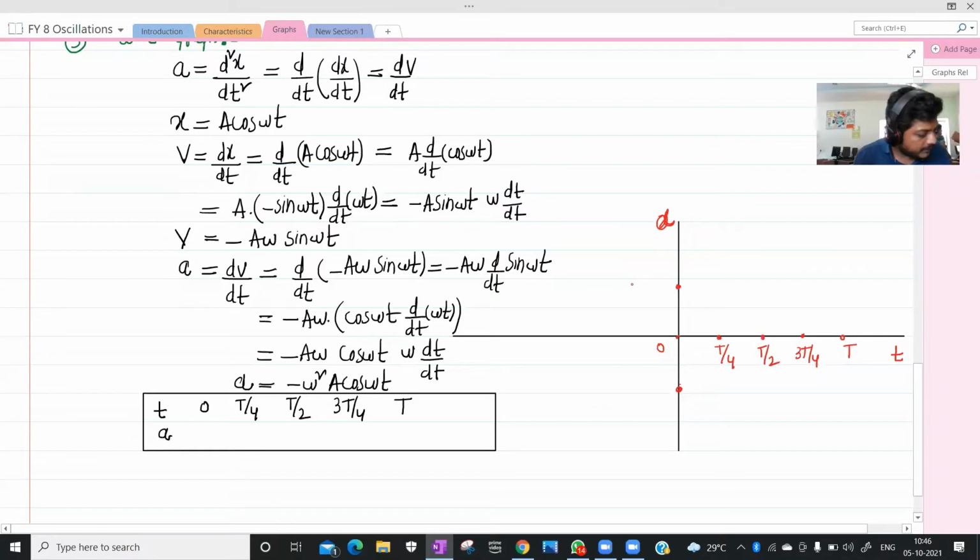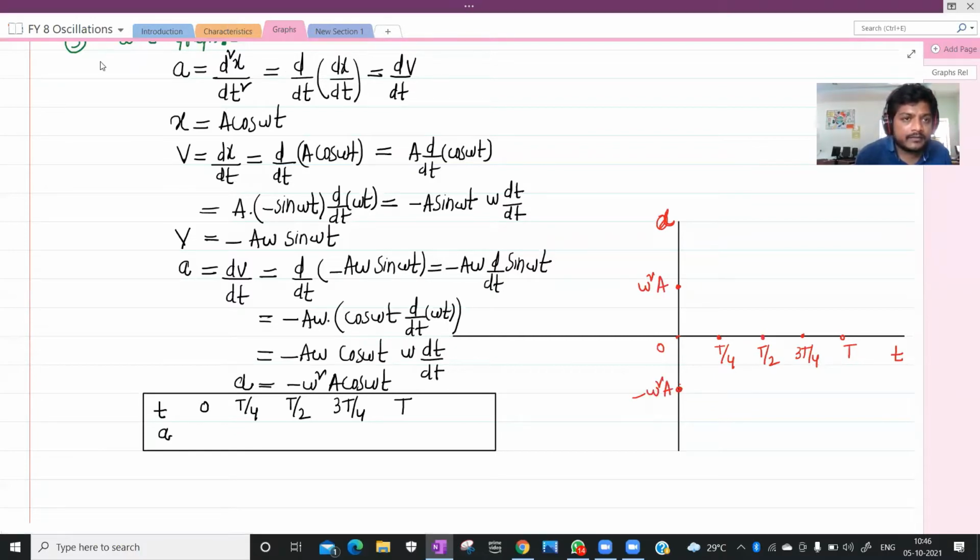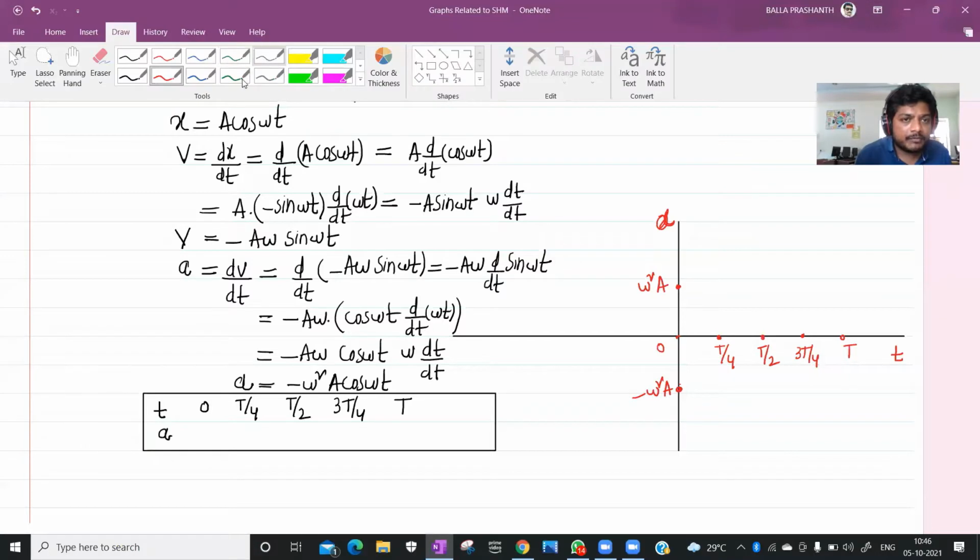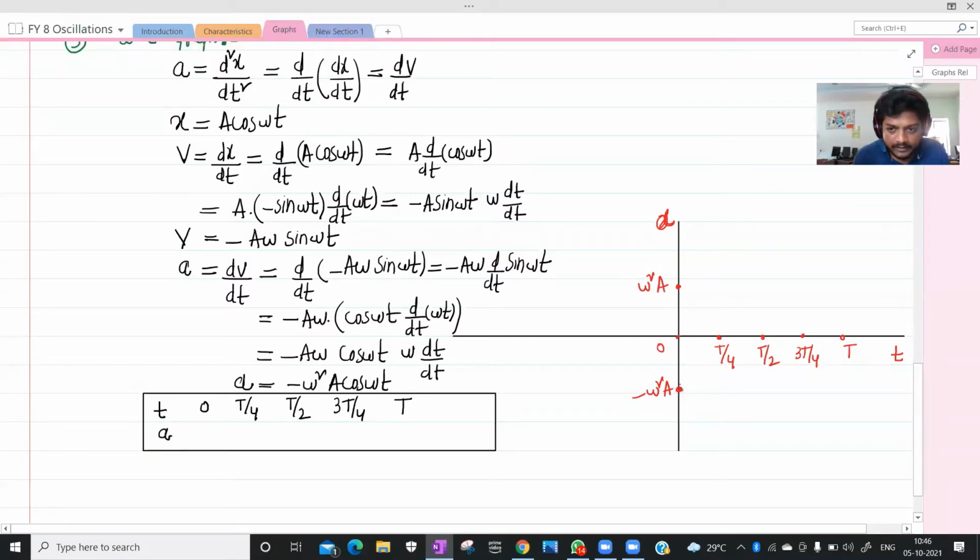This maxima is omega square a. Here minima is minus omega square a. You will get the graph like this. Here one node, and here one node. T by 2 here one node, and 3T by 4 here one node.